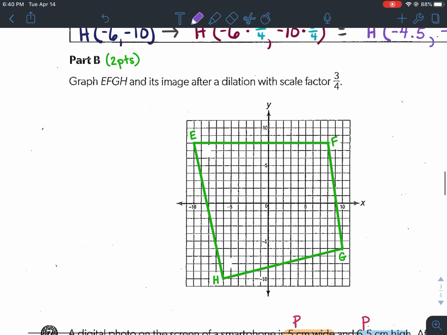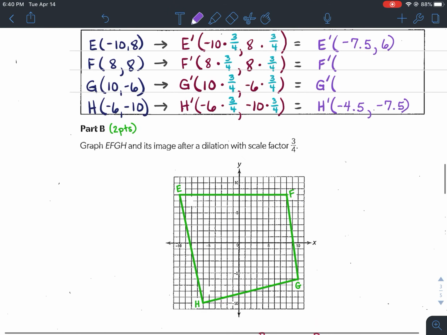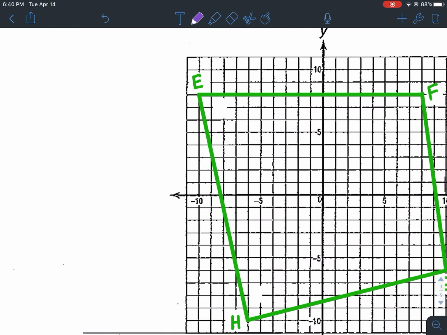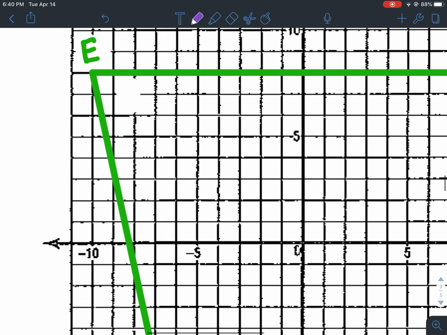Okay, now I'm going to help you graph E prime and H prime. E prime is at -7.5 and then 6. All right, so I'm going to blow this up. Starting down here at the origin, -5, -6, -7. Right here is -7. -7.5 is halfway in between. So that purple line there is your -7.5.